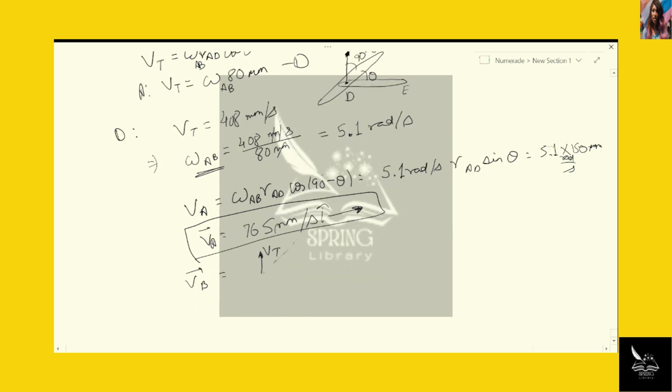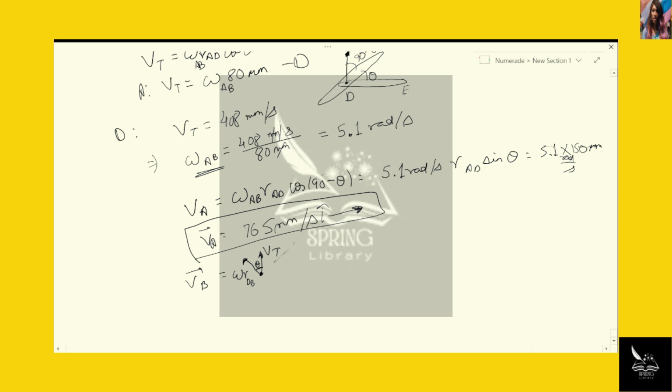So basically, at point B we have the sum of two velocities. One is the translational velocity and the other is the rotational velocity, which is omega r dB, and these velocities are at an angle theta.